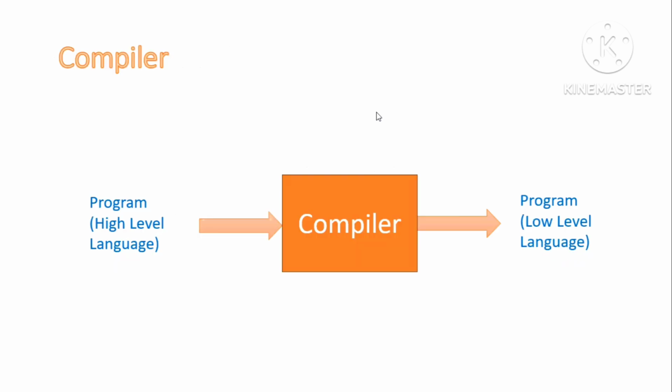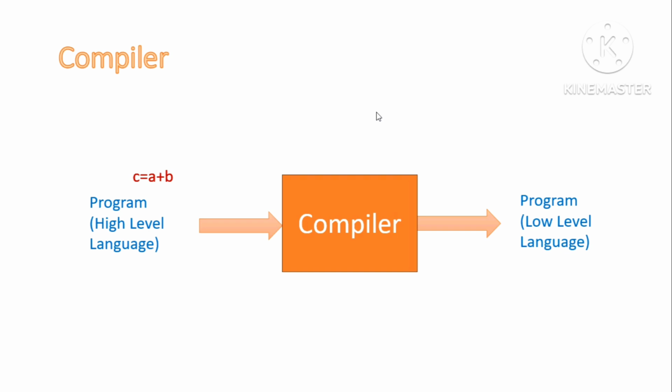Now here I have given a visual representation of how a compiler converts a high level program to a low level program. This is a simple depiction of a compiler. We can have a high level statement C equal to A plus B, which is not understandable by a computer system.